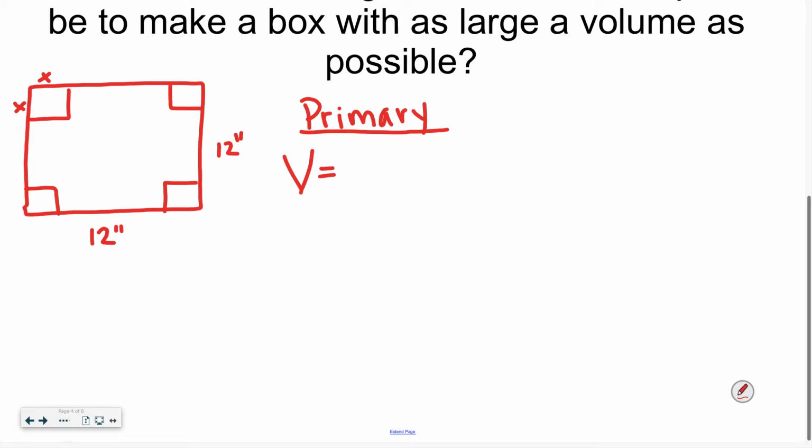How do we find the volume of a box? Length times width times height. Okay, I'll ask you the easy one first. What's the height of our box once we cut these squares and we fold them up? Okay, yeah, if we cut these squares and we fold up, we have a height of x, right? That's our height.